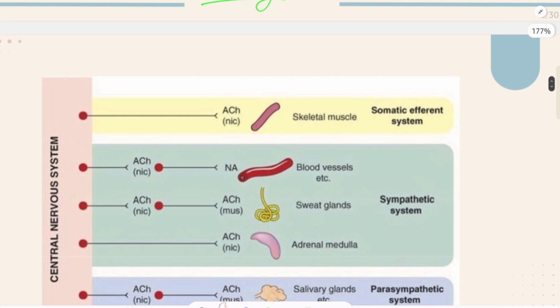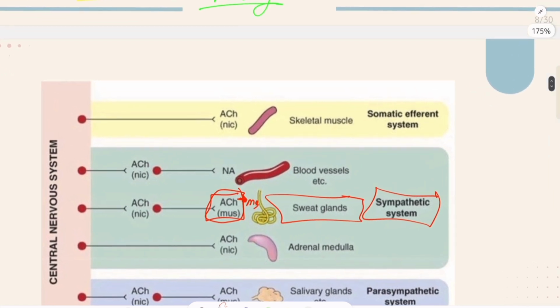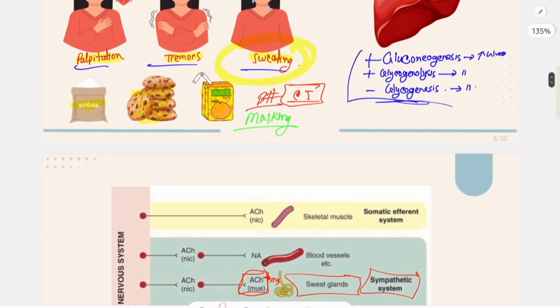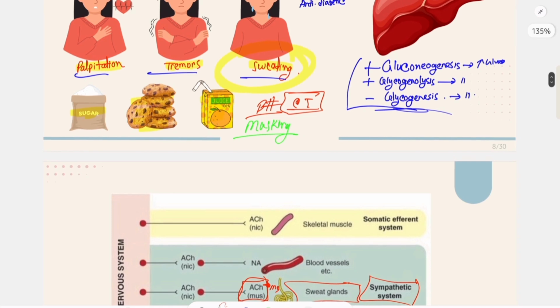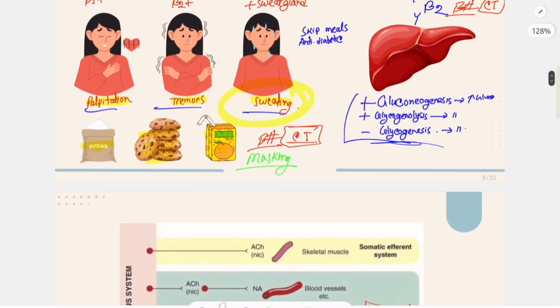Here you can see the sweat gland is a part of the sympathetic nervous system, but acetylcholine is its postganglionic neurotransmitter. So here is the M3 receptor on the sweat gland, and acetylcholine acts on this M3 receptor. There is no beta receptor at the sweat gland, and as a result, sweating is the only reliable symptom of hypoglycemia in diabetic patients taking beta blockers.